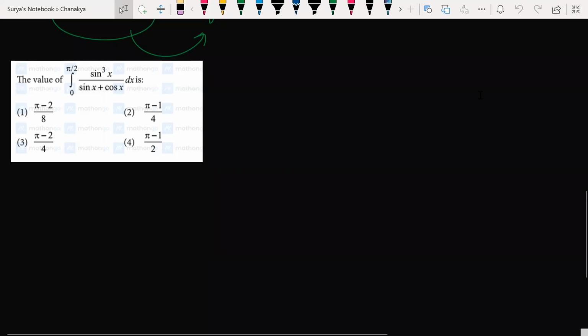Direct property. What is the property we can use here? Look at this, what he has given.